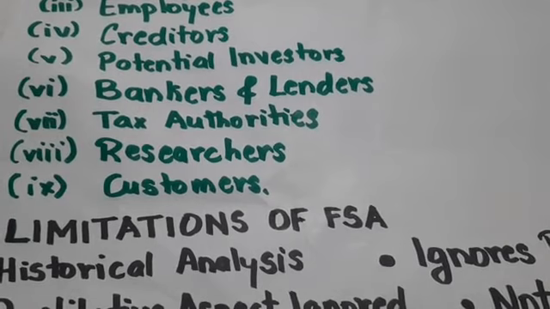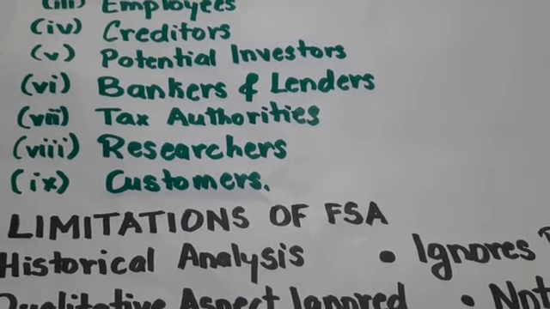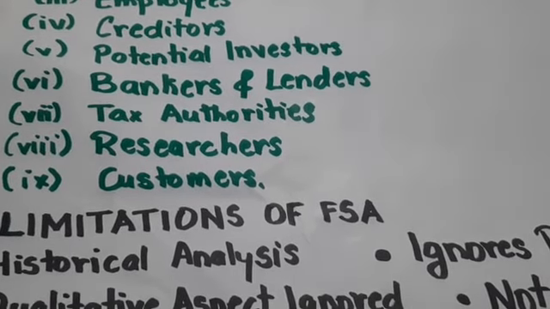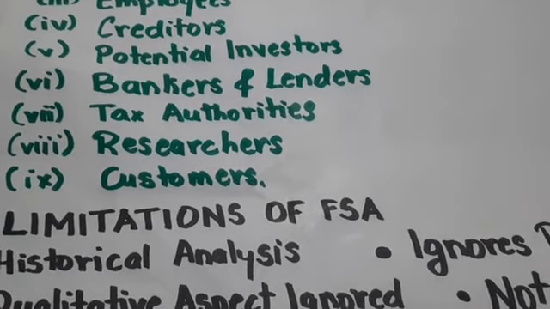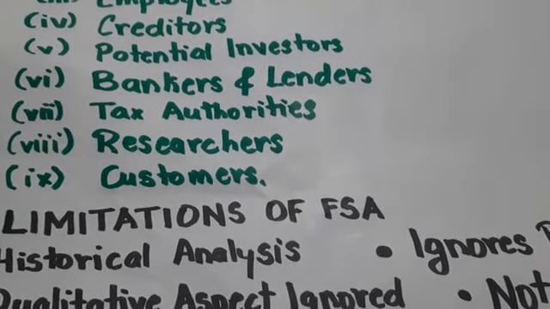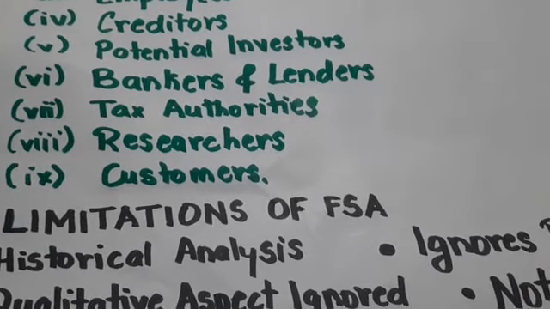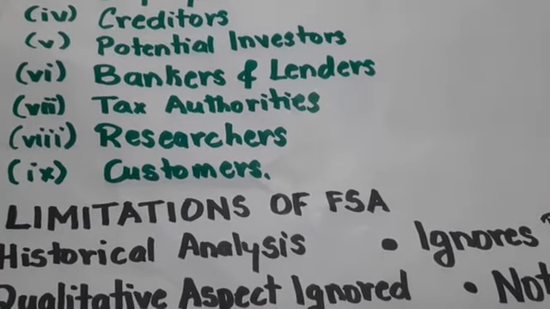That's why they go for analysis. Bankers and lenders give loans to the company. They want to know whether they will get back the amount of the loan. Tax authorities go for analysis to assess the tax position of the company.